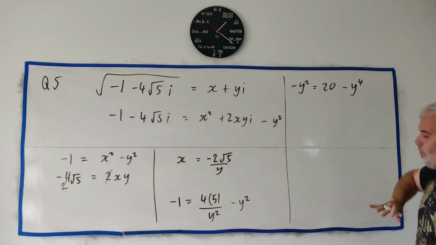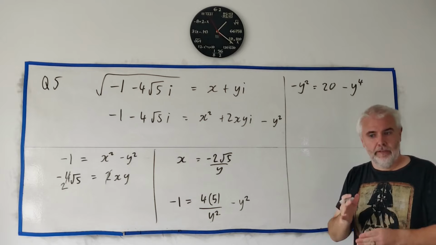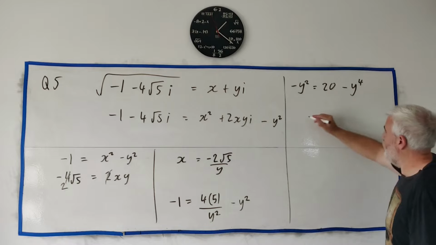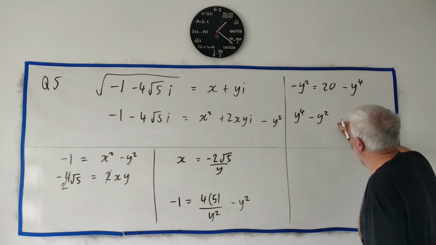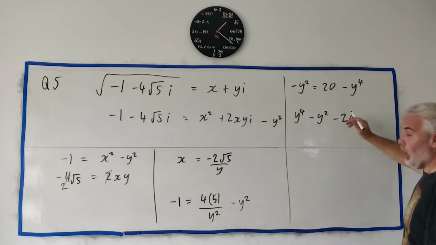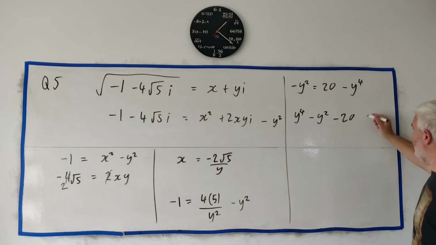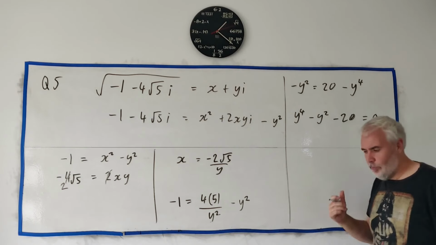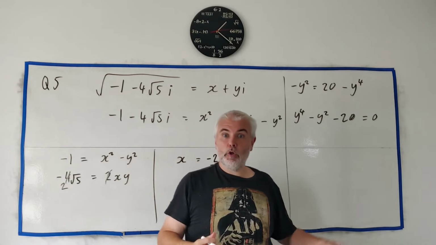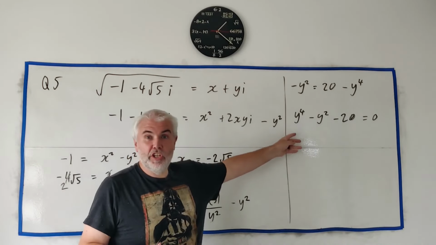Let's get everyone on the same side and put them in descending order. So we'll put y to the power of 4 first, then y squared next, then y to the power of 0, which is the number. This is the next little leap. It comes up often in exams. We have a quadratic equation, but it doesn't look like it.